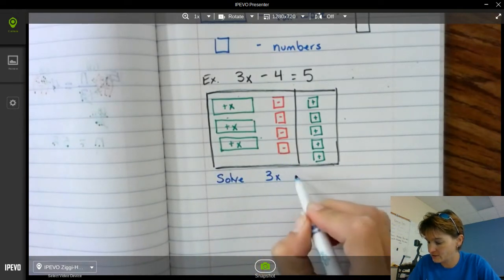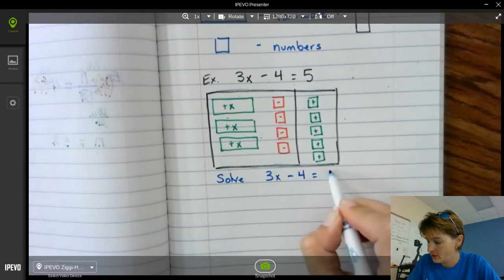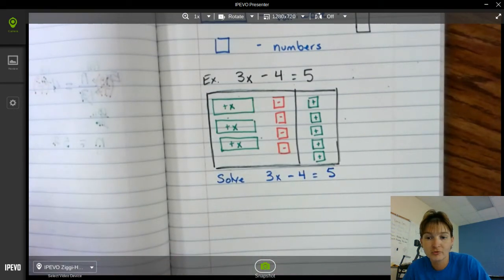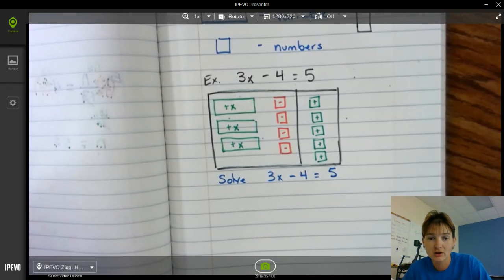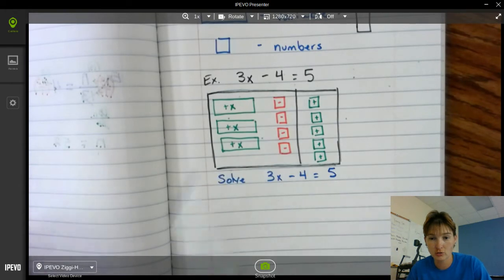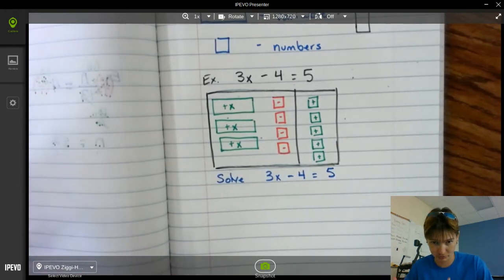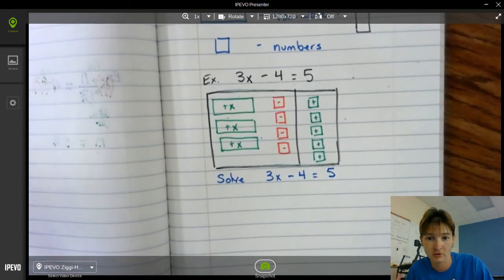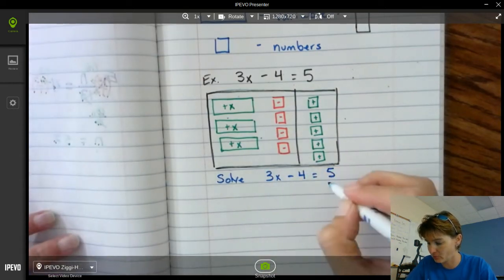So 3x minus 4 equals 5. From Friday's lesson, we talked about the one-step equations. We started off with adding or subtracting. So we're going to start first with the adding or subtracting of our two-step equation to get your variable by itself.